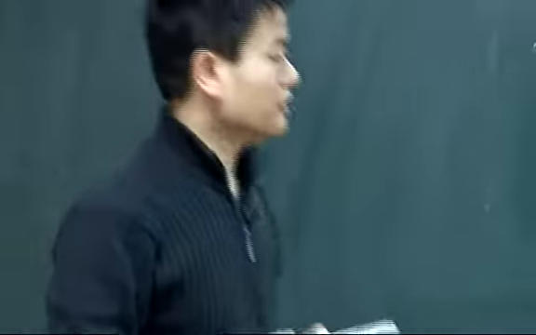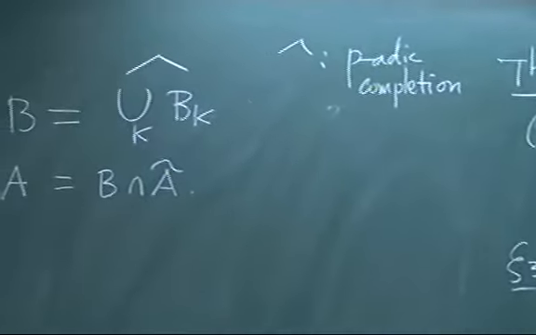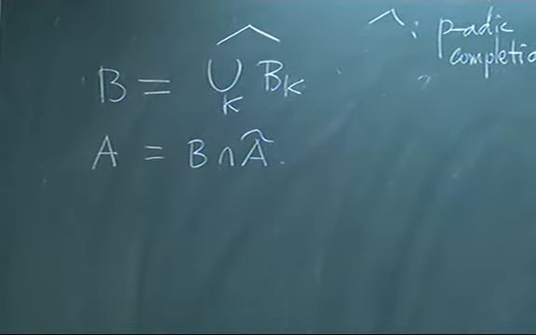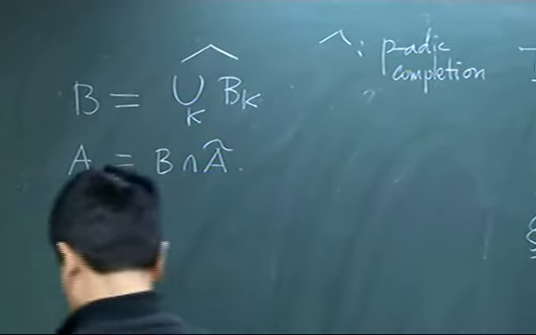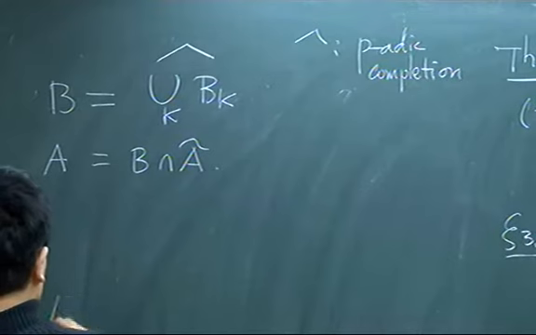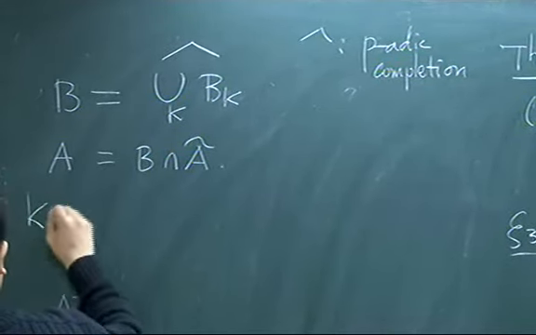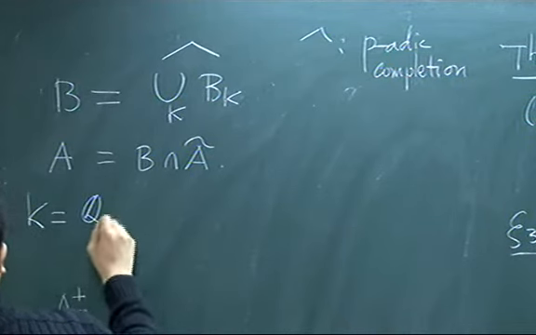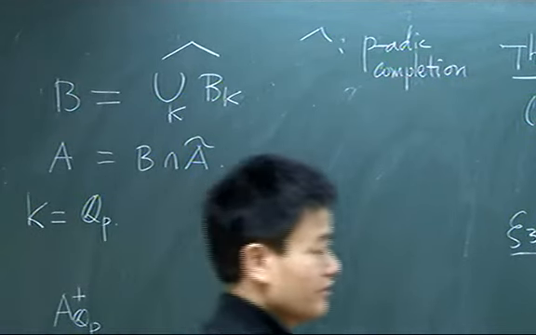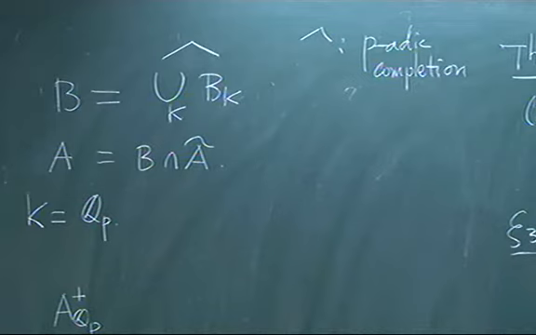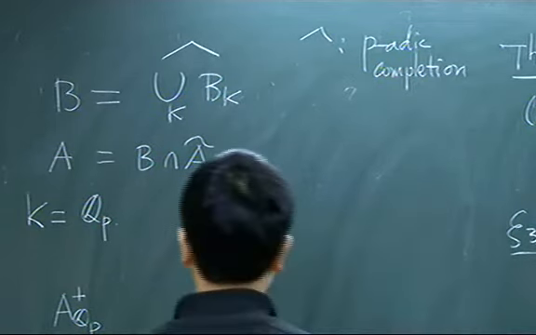So we get this is B, and this A is just B intersect A theta. So we have all these rings. But what is this? We have AQ, so K is QP. What do we have?